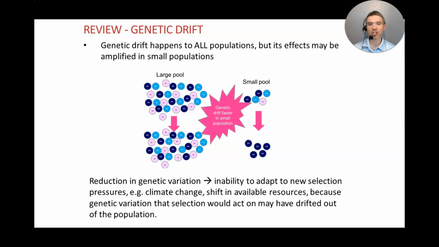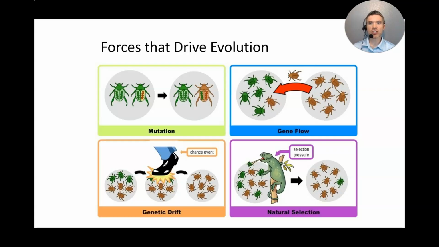So this can reduce the genetic variance in a population and reduce the ability to adapt to new selective pressures. So think about climate change or changes in the resources. This could cause that population to not be able to adapt to future changes, and this is detrimental to populations.